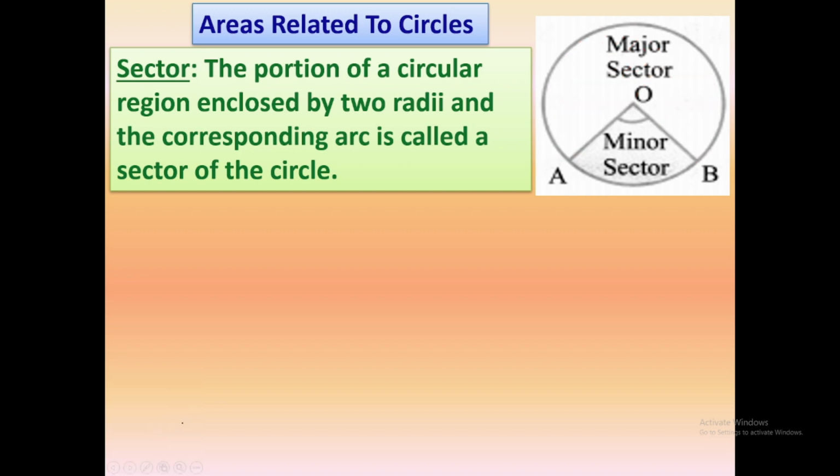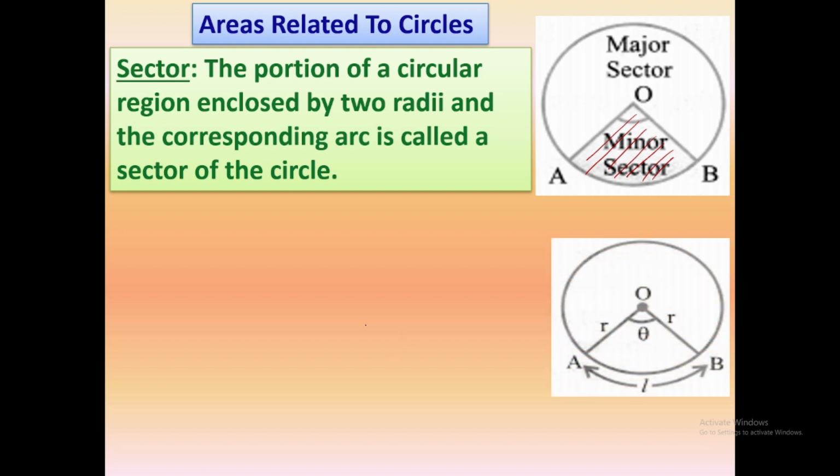So now how to find the formula of the area of a minor sector? As you all know, the area of a circle is pi r square. So now we need to find, for this sector, what is the corresponding angle.